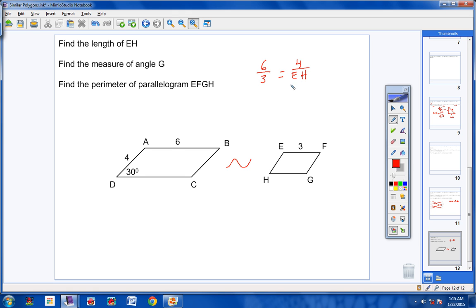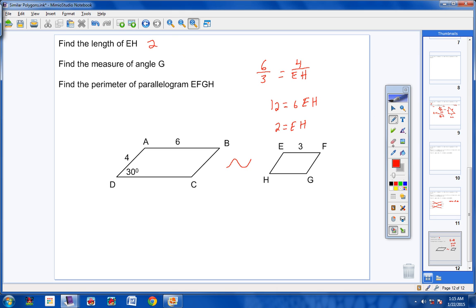Segment EH. Now let's cross multiply. 3 times 4 is 12. 6 times EH is 6 EH. Divide by 6. 2 equals EH. So there's the length of EH.